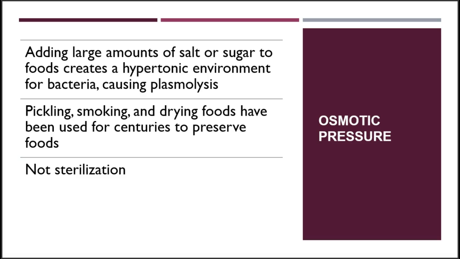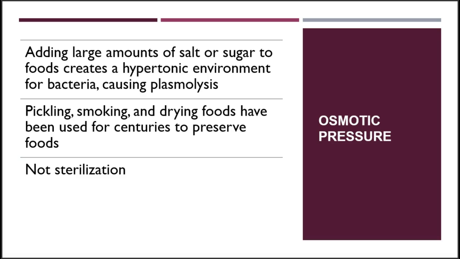And our final mechanism for physical control is osmotic pressure. And we learned in chapter 6 that organisms are very sensitive to osmotic pressure and differences in solute and water concentrations in the environment.